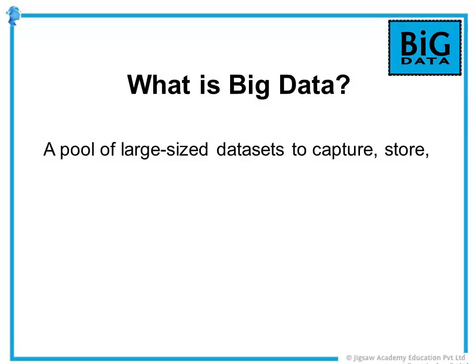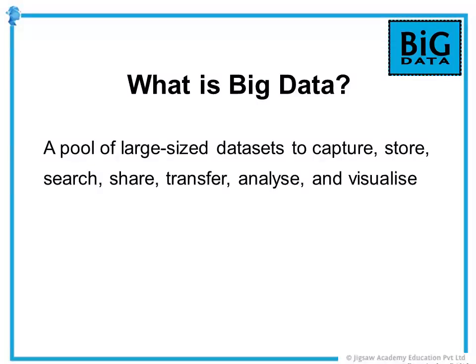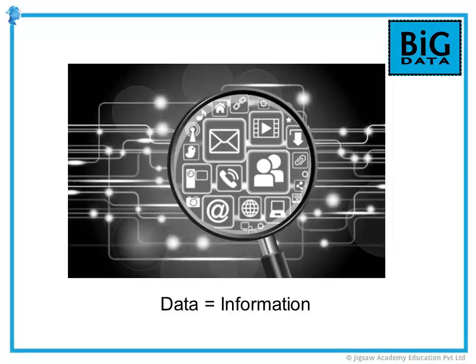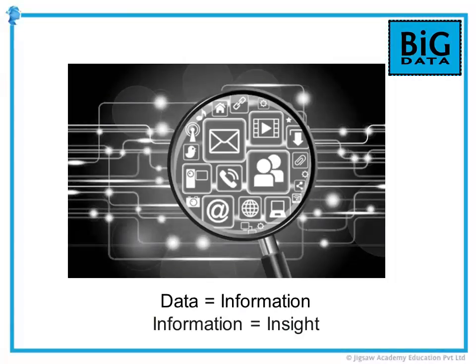So if we had to define it, big data is a pool of large sized data sets to capture, store, search, share, transfer, analyze and visualize related information or data within an acceptable elapsed time. Big data assimilation is the process of examining large amounts of data to gain insight.